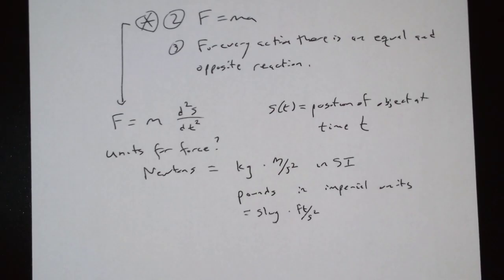And the acceleration of gravity is 32 feet per second squared. So a slug is the mass that weighs about 32 pounds. Nobody uses slugs, ever. We think of weight, we think of force.